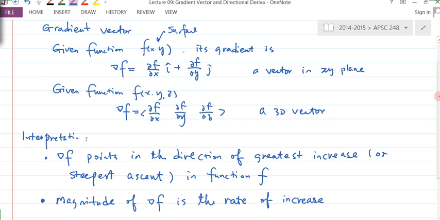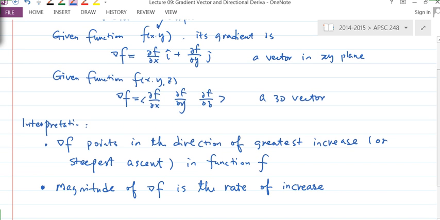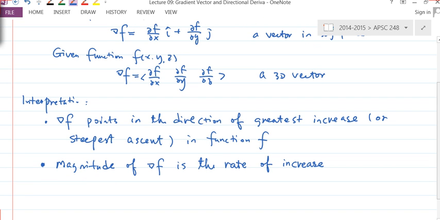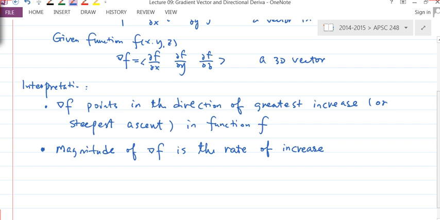It's very simple if I ask you to calculate a gradient vector, but more important is to understand the physical meaning of the gradient vector. Now, I didn't prove this one, but I will prove it today. However, I did mention the physical meaning here. Two points. One point is the gradient vector always points in the direction of greatest increase, or the so-called steepest ascent, in the function f.